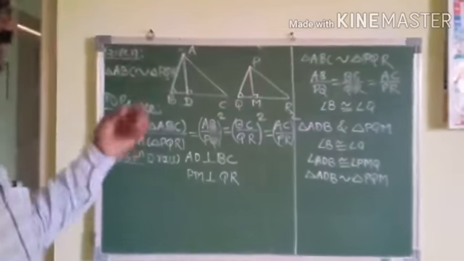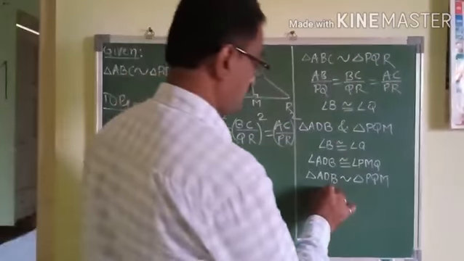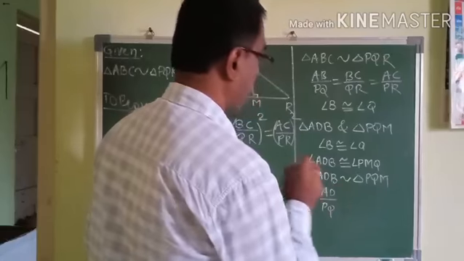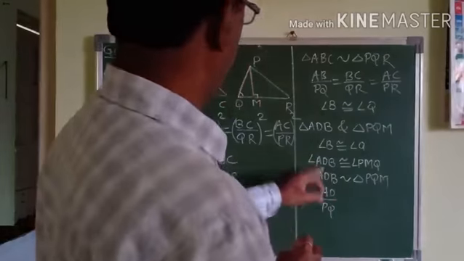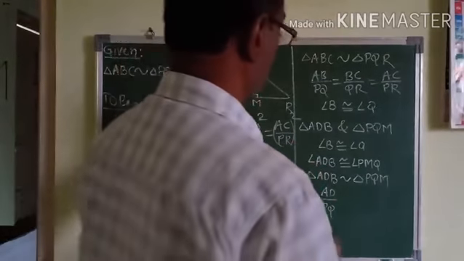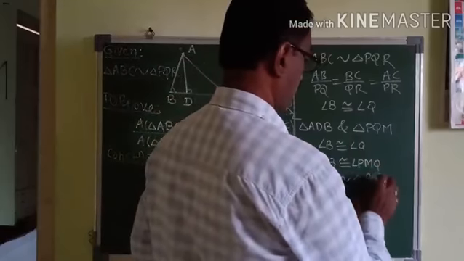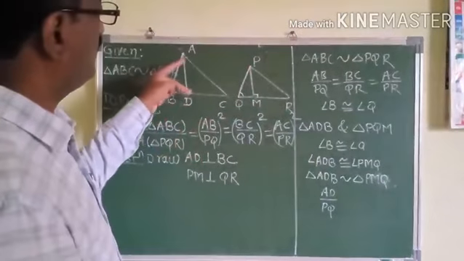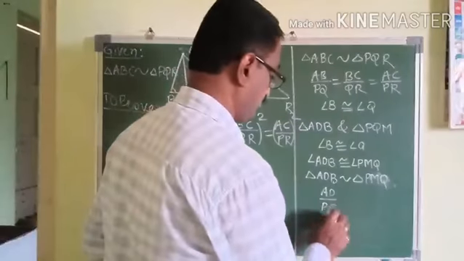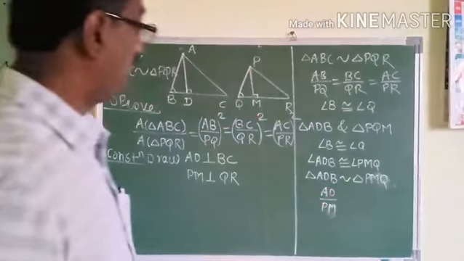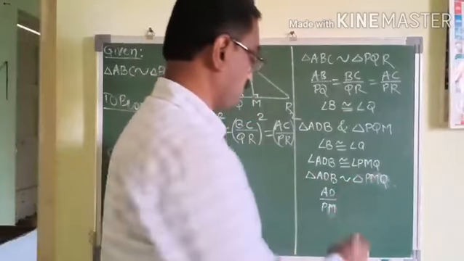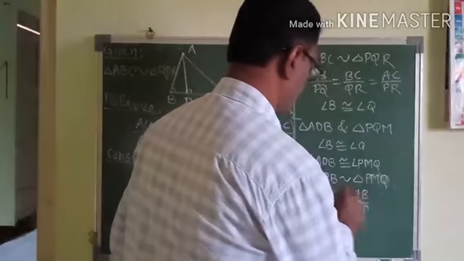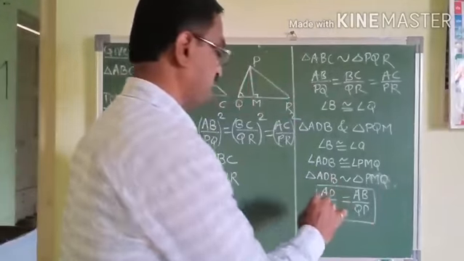Therefore, their corresponding sides are in proportion. Here the one-to-one correspondence must be proper: ADB and PMQ.